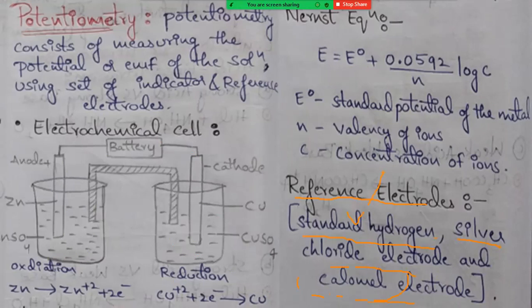But the problem is that the hydrogen electrode is very sensitive, and it causes many problems. That's why we are not using the hydrogen electrode as a reference electrode. The calomel electrode is most preferable, and it does not cause any problems. So the saturated calomel electrode is the most widely used reference electrode.